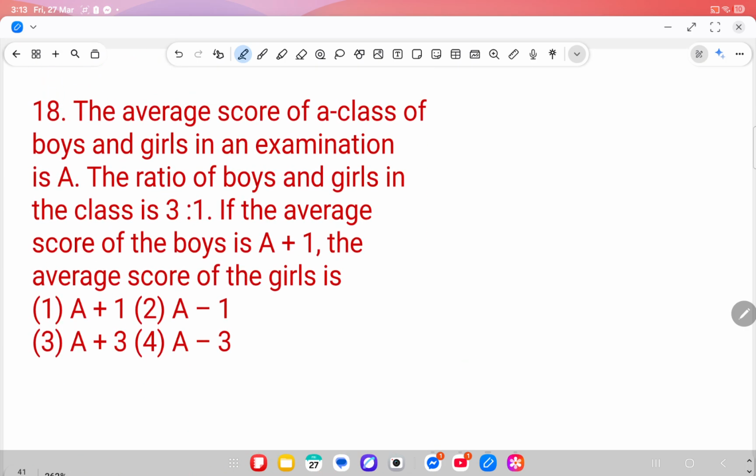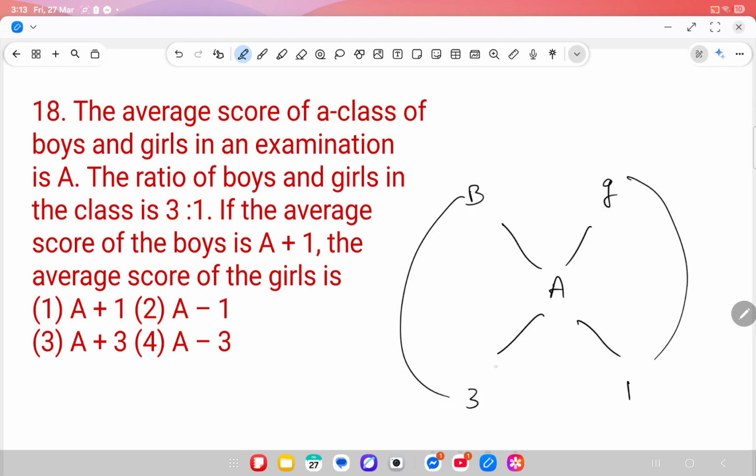Then the average score of a class of boys and girls in an examination is A. See, I will take allegation directly. The boys and girls ratio, finally we will get boys and girls, the difference will give 3:1. If the average score of the boys is A plus 1, and the average score of the girls is, say, this difference, this is more, so A plus 1 minus A gives 1 here.